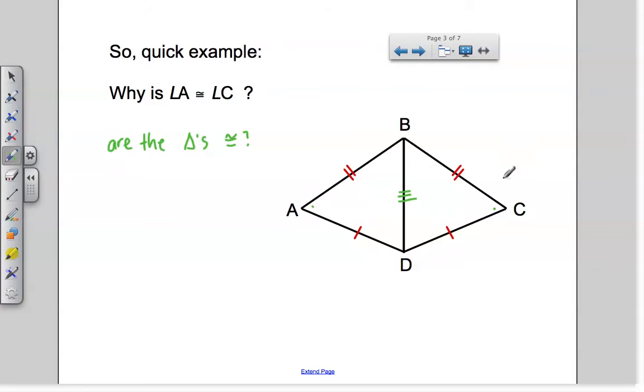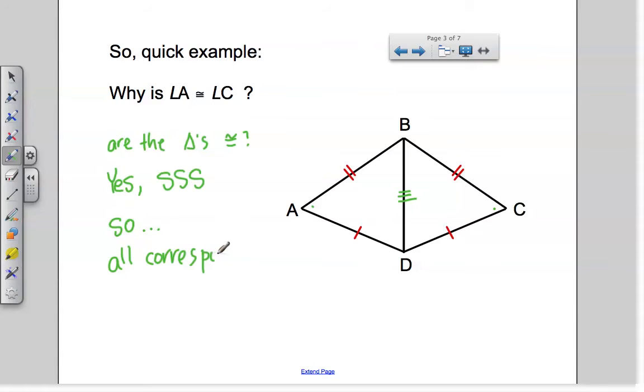Now, do you see the shortcut that would prove these triangles are congruent? Hopefully you're thinking, yes, side, side, side. All 3 pairs of sides are congruent, therefore the triangles are congruent. So, really if you think about it, if these triangles are congruent, yeah, all their sides were congruent. That's what helped me show that they're congruent, but aren't all the angles that correspond now congruent as well?